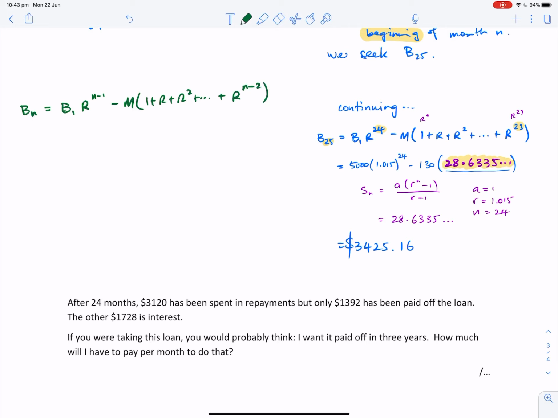That's what's happened in this scenario. So how many months to pay off? That's the obvious question. Well, that means we are solving Bn equals 0 for n.